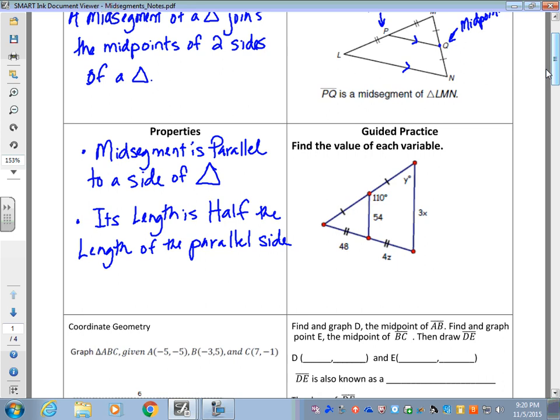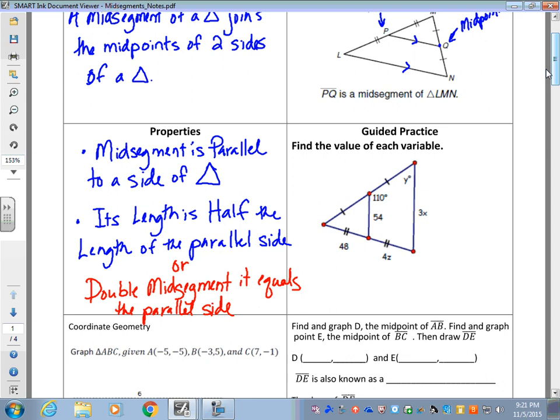Or you can think of it like this, another way, the way I like to use it, I think this is the easier representation: if I double the midsegment, it equals the parallel side. Okay, so if I double it, it will equal the parallel side. So we're going to take that relationship, and especially the parallel, and still use the properties with parallel lines to problem solve. And that's kind of going to be shown to you in this example here.